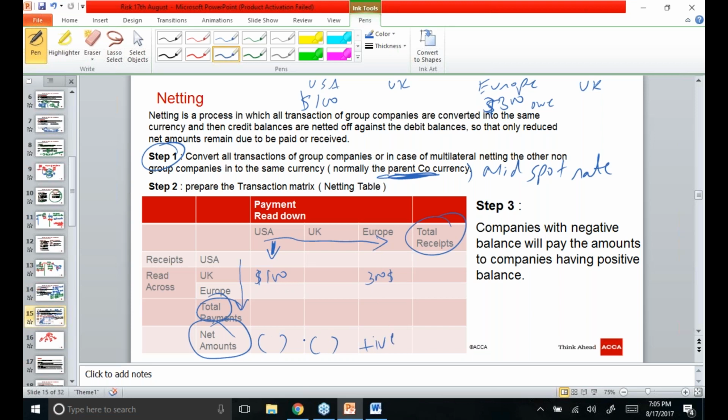That means these 2 companies will pay that much amount to the Europe company. So the number of transactions between the group will reduce to one simple total at the end of the netting process. Apply these simple steps, and you can solve many questions of netting, which we will solve in some practice.